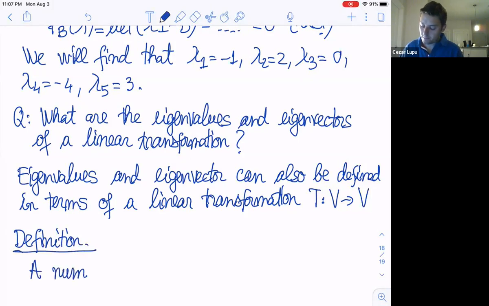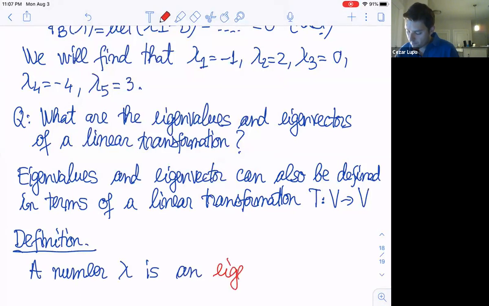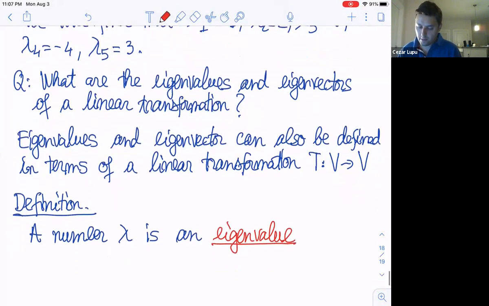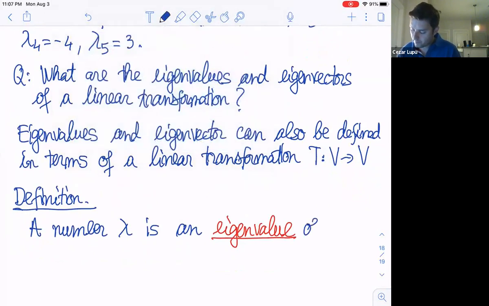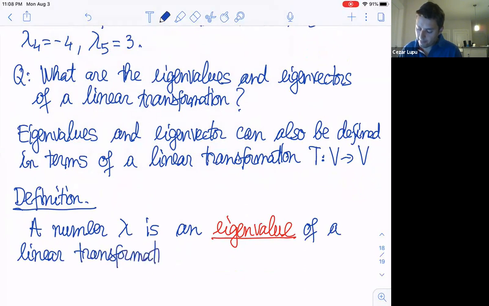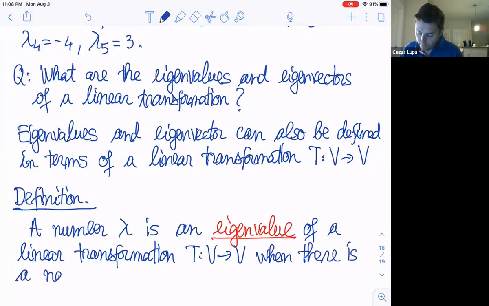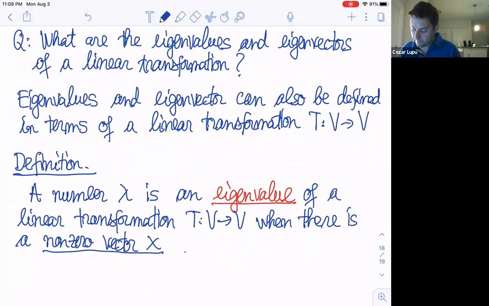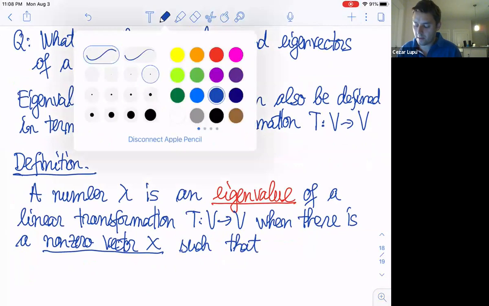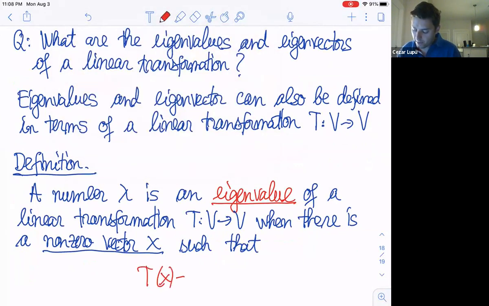A number lambda is an eigenvalue of a linear transformation, let's say T from V to V, when there is a non-zero vector X such that, just like in the case of the matrices, T of X is lambda X.